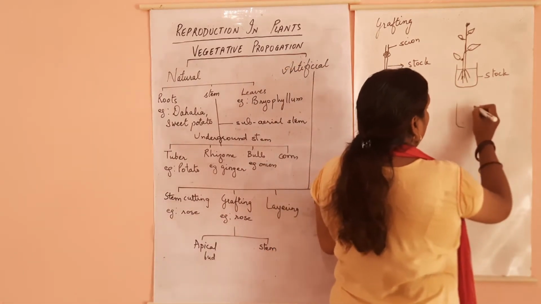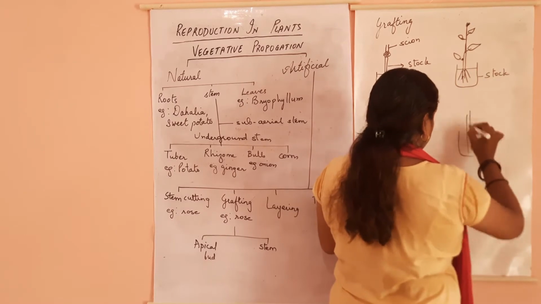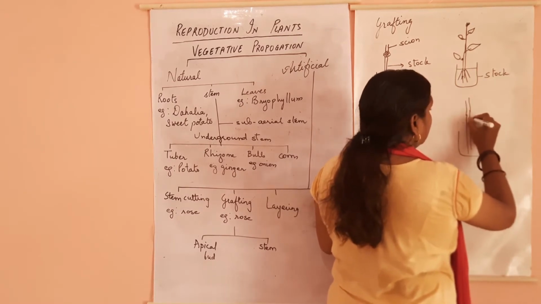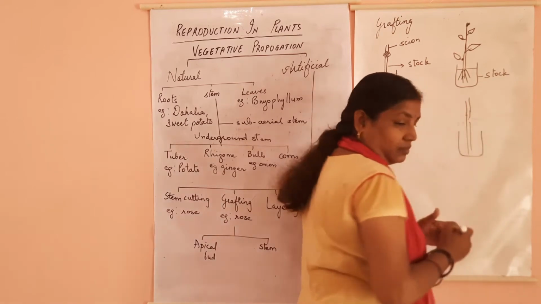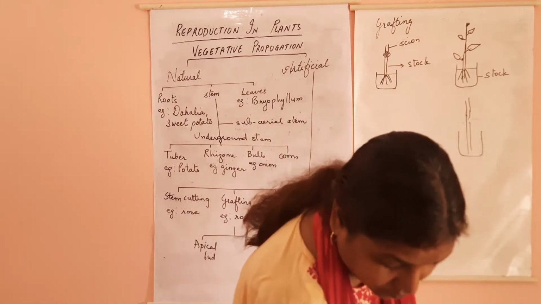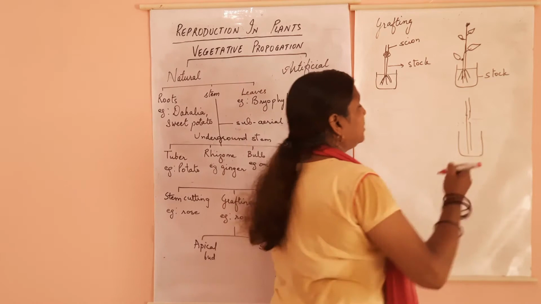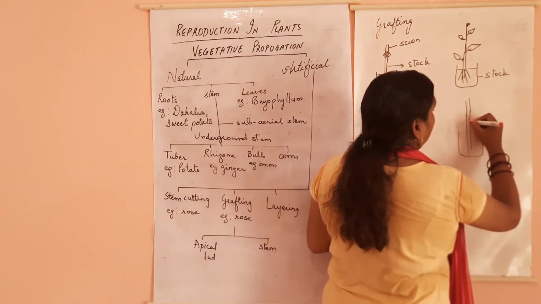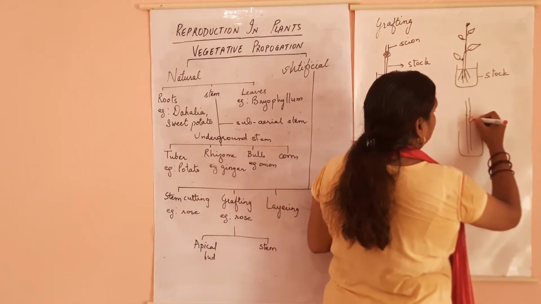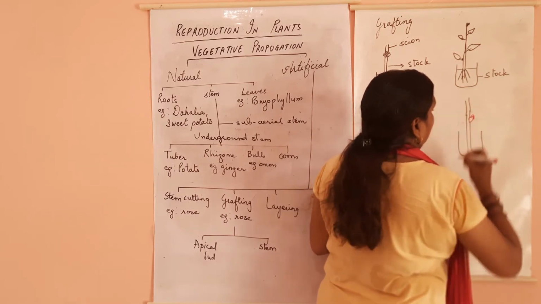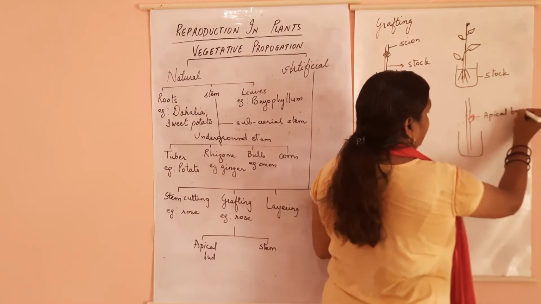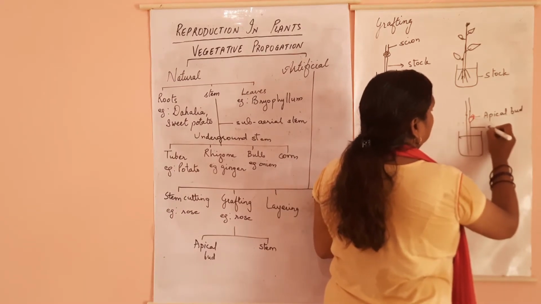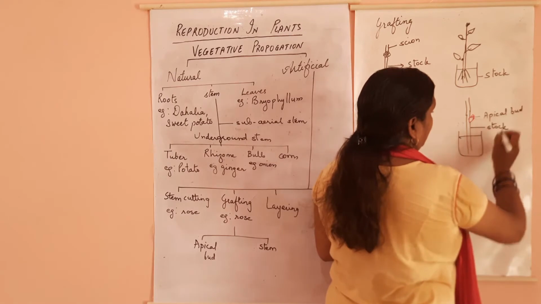So what will I do? I take the stalk, I cut the axil part of this plant. And then implant the axil of the another plant, the one that I require. So this is your apical bud and this is your stalk.